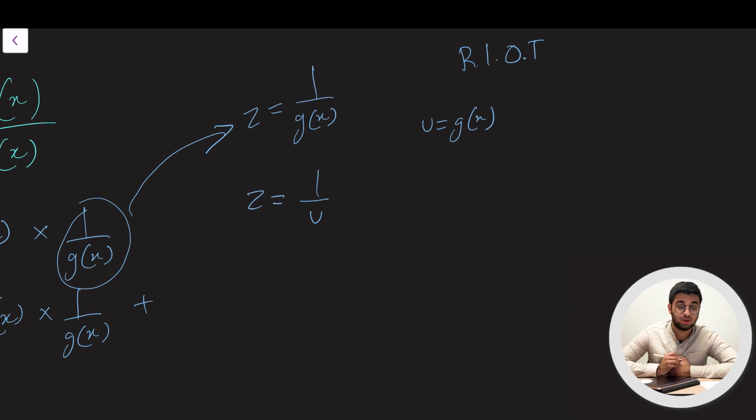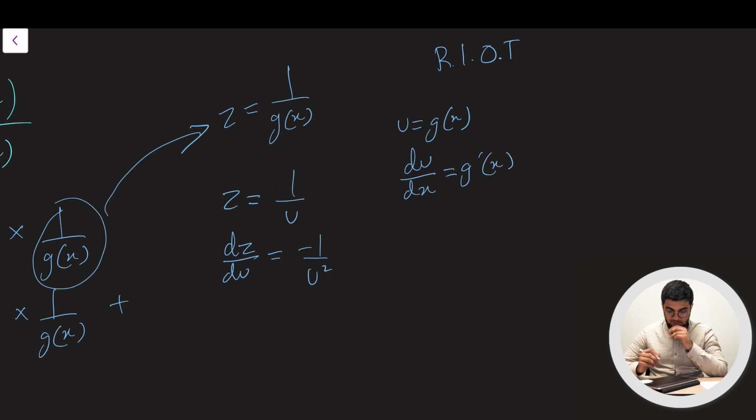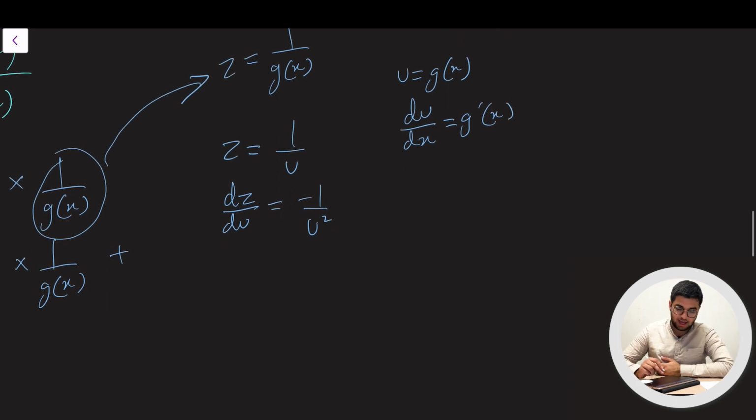Now z equals 1 on u, because we replaced g of x with u. dz on du, the derivative of z with respect to u, is negative 1 on u squared. The derivative of u with respect to x is g dash of x. Simple stuff.